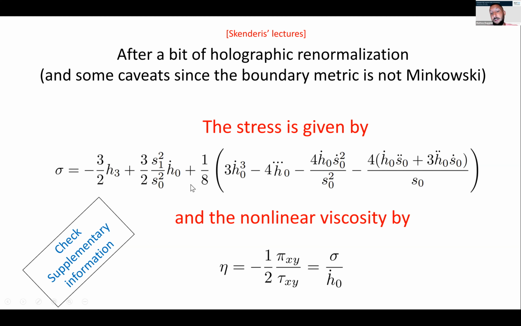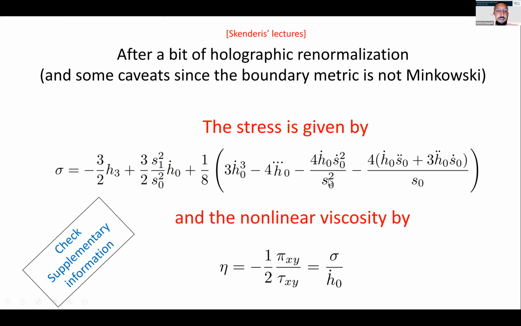And then you can use exactly what I was saying. So then the nonlinear viscosity is defined as the stress divided by basically the shear rate. So here the stress is sigma, which is this sigma here. And the shear rate is just, as I said, the time derivative of the source, because the source is the shear. Okay, so at the end of the day, after all this computation, what we discover is that our nonlinear viscosity is given by this weird expression here, divided by H0 prime.